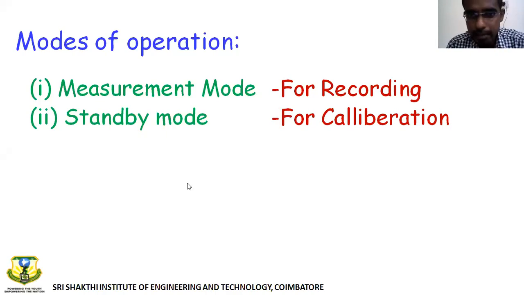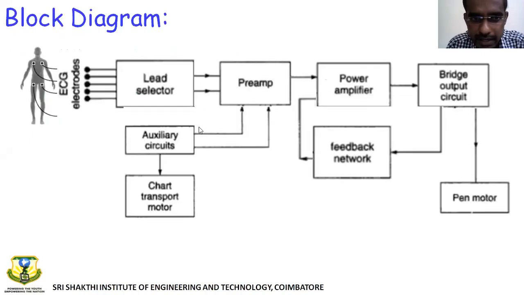During calibration, that is during servicing, we call that mode of operation the standby mode. During that mode we will not have the patient, so we generate a signal internally. As I told you, the auxiliary circuits bypass the lead selectors, which means there is no patient and we are locally generating a signal. That 1 millivolt signal goes to the preamplifier, and we see whether the plotter at the output is plotting properly.